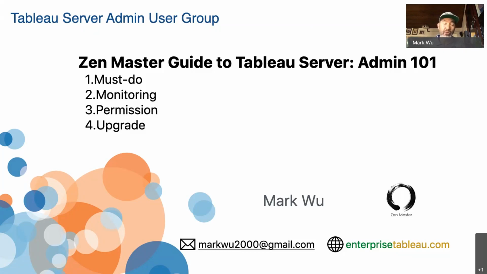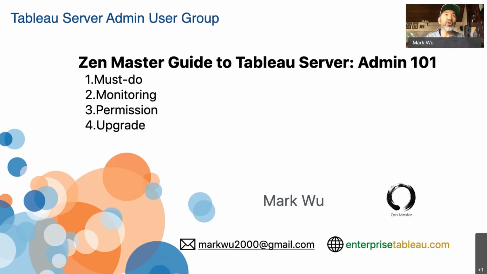And lastly, of course, is upgrade. If you use Tableau Online, you may not need to worry about some of those, for example upgrade. But as server admins, we will have to deal with all those basic areas. Let me start with the must-do.